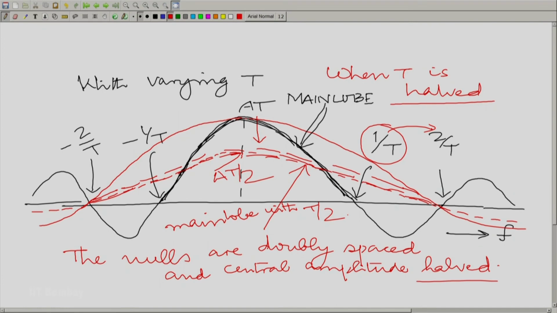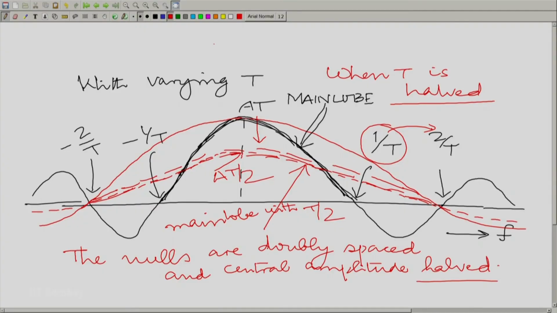You notice that when we halve the value of T, the main lobe width is doubled and the main lobe height is halved. So, in some sense there is a conservation of area, if you might want to call it that loosely. Let us not be too fussy, let us not be too strict on our interpretation.